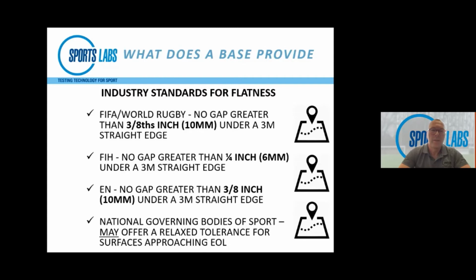It's pretty tight when you're looking at an infilled field with rubber crumb. It's not an easy measurement to make, but that's the regulation. Where you have an asphalt layer, and then maybe you're looking at field hockey, then it's even tighter. It's 6 mil under the same 10-foot straight edge, 1/4 of an inch. It's very, very tight, and quite challenging for civil engineering, using materials like stone and asphalt to get that tight tolerance.